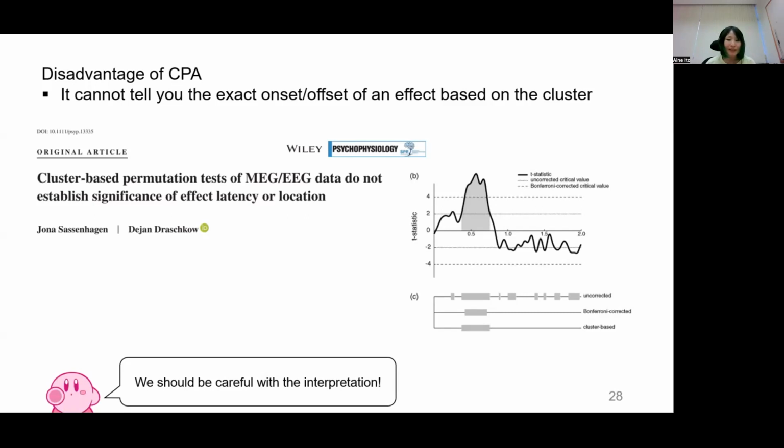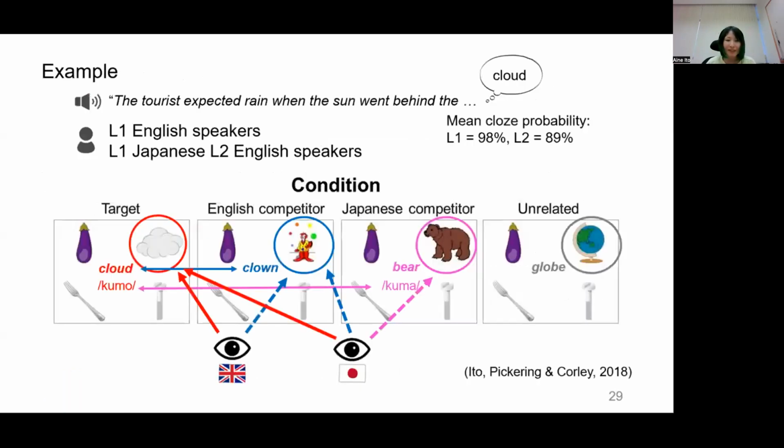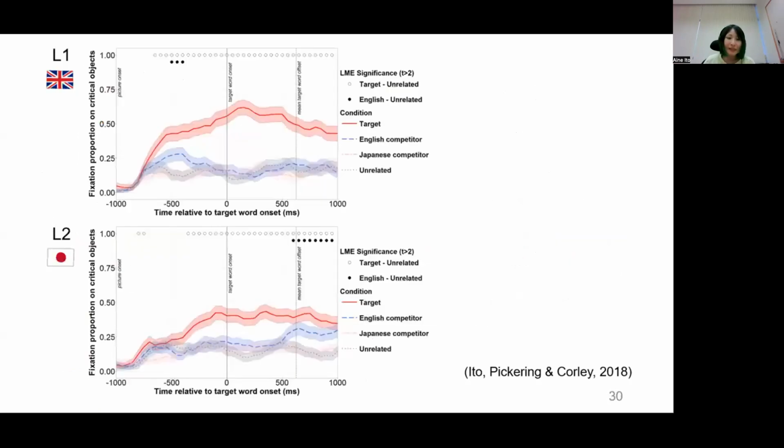Okay, so let's apply this analysis to the same data set that we just looked at. So again, this was the data. Let's see what the result would look like when we apply the cluster-based permutation analysis to this data. And for comparison, we have the multiple comparison results plotted at the top.